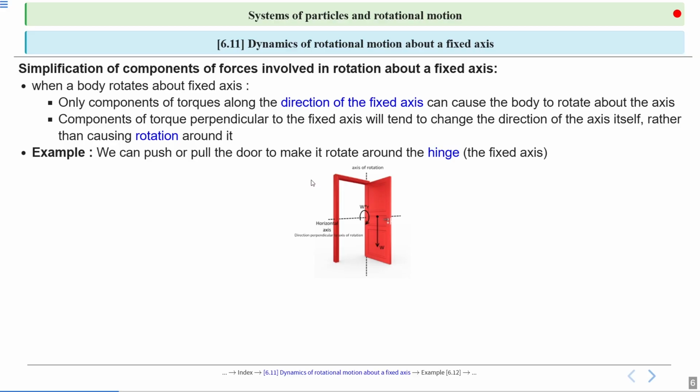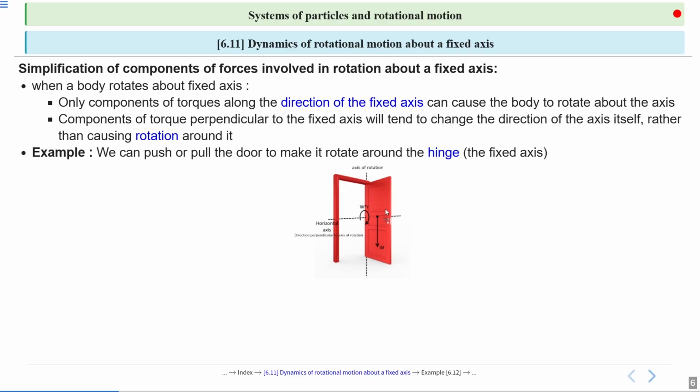Suppose first we push the door from its edge, away from the hinge. In that case, what happens? The door opens. Yes or no?